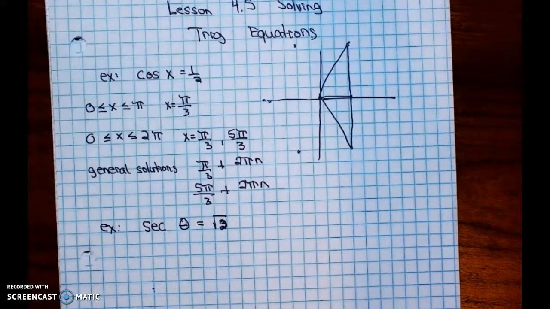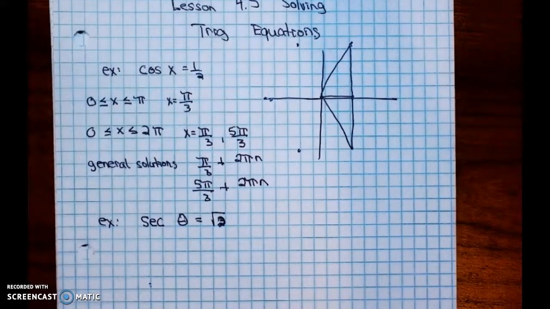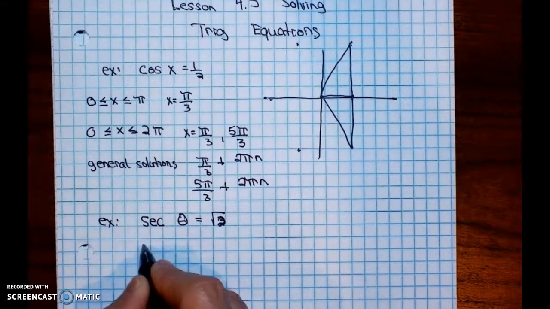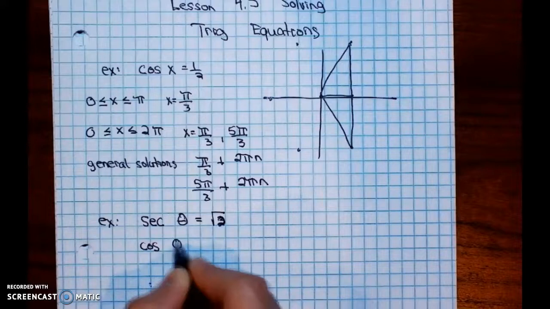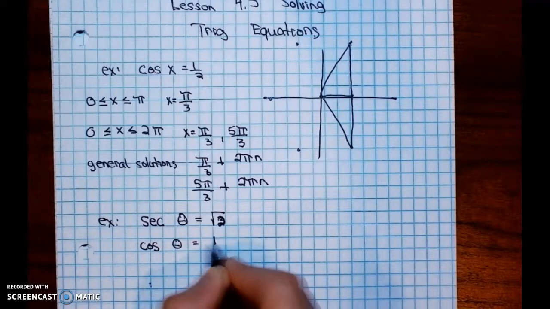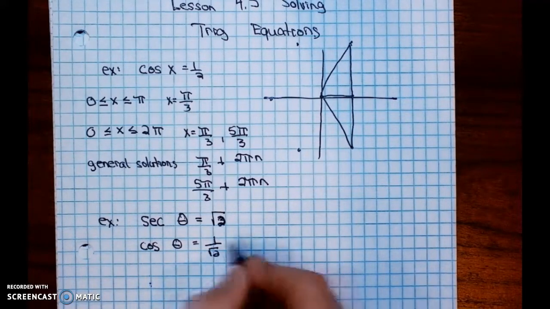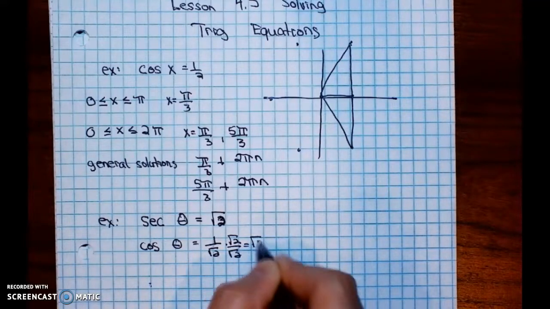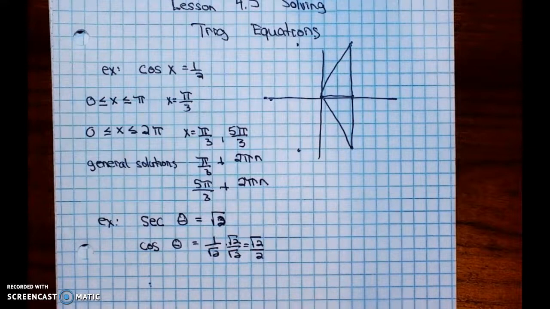Let's go change this to the secant of theta equals radical 2. Remember, the secant is related to the cosine, so that means I actually need the cosine of theta equal to 1 over radical 2. When I rationalize that, we end up with radical 2 over 2.